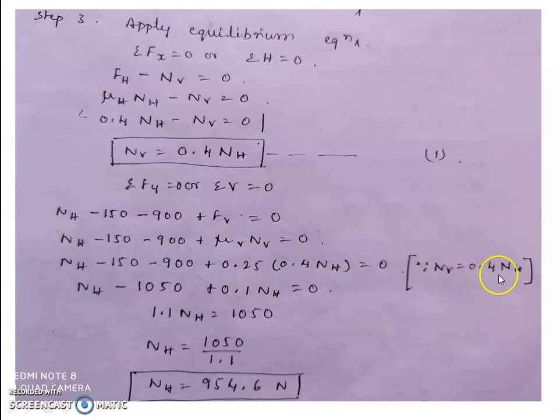Since NV is 0.4 NH, this reduces to 0.1 NH. Then 1.1 NH is equal to 1050. NH is worked out to be 954.6 newtons.